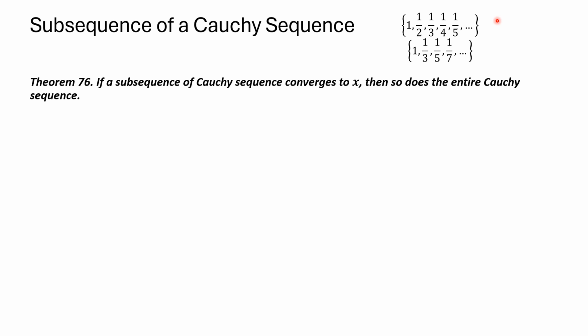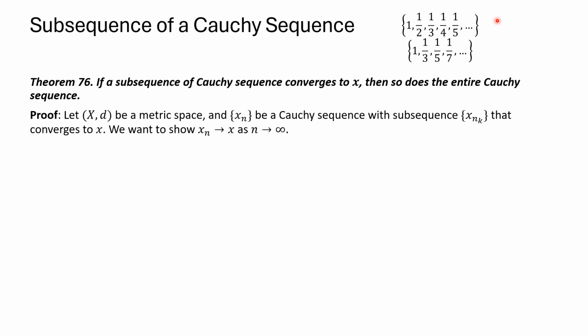It seems kind of obvious, but it needs to be proved. So let's do that. It's not too hard. Let X be a metric space and x sub n be a Cauchy sequence with the subsequence x sub n sub k that converges to x. So that's our assumption here. What we want to do is show that x sub n converges to x. In other words, the whole sequence, rather than just the subsequence, also converges to x as n approaches infinity.